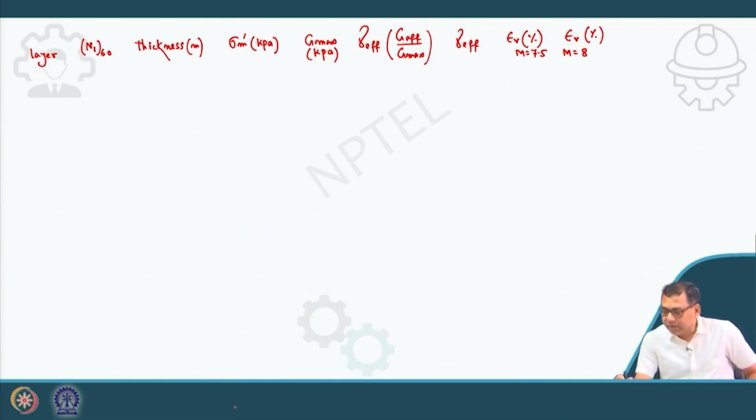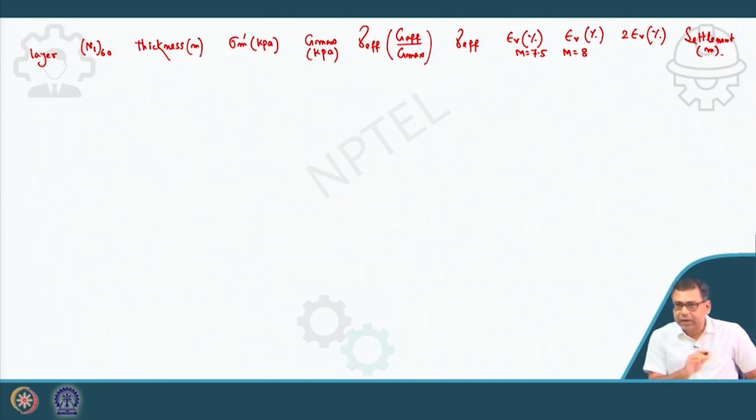Then you have 2 volumetric strain in percentage because you have to multiply by 2. Then the settlement, that is in meter. So this is the table.